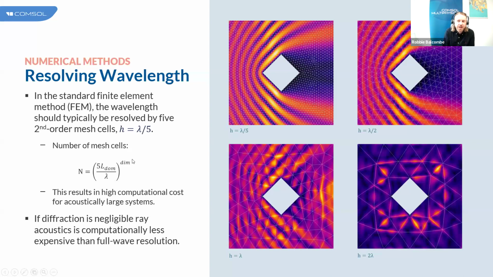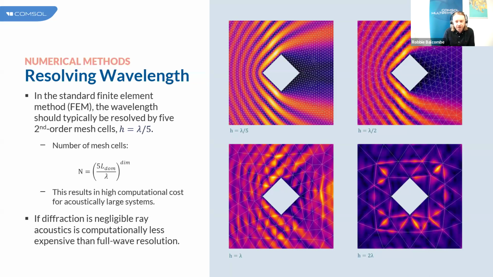That is to say that if we're working with a wave-based method, finite element or boundary element, if we were to multiply our frequency by a factor of 5, then what we would find is an increase in the number of mesh elements of a factor of 125. So it would be 5 cubed if we're working in 3 dimensions, that is.